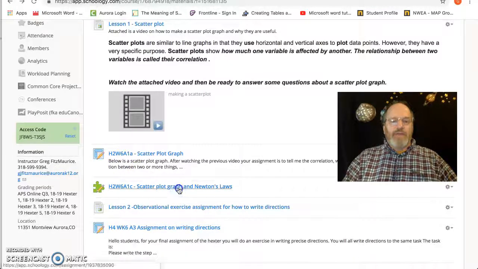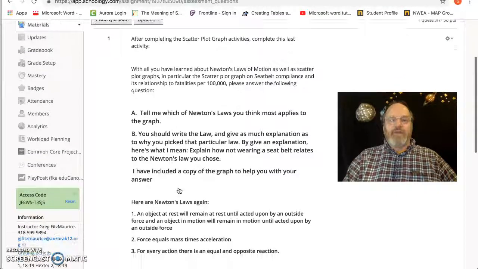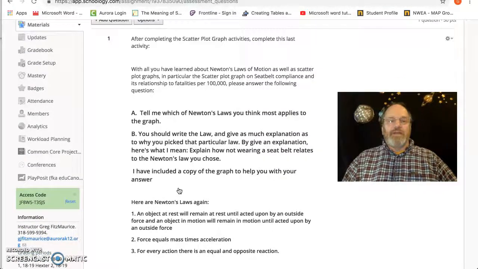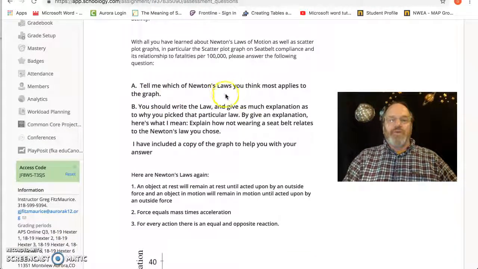Here's your assignment, scatter plot graph and Newton's laws. And it says, after completing the scatter plot graph activities, with all you have learned about Newton's laws of motion in your academic career, as well as some of you in this class, tell me which of Newton's laws you think most applies to the graph.